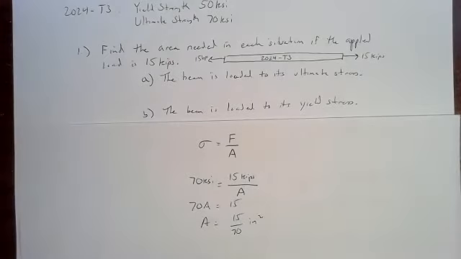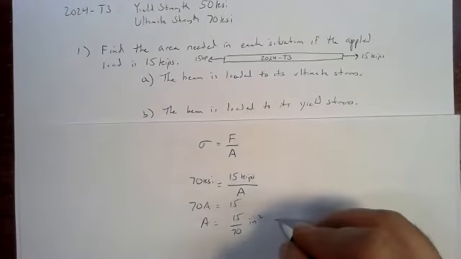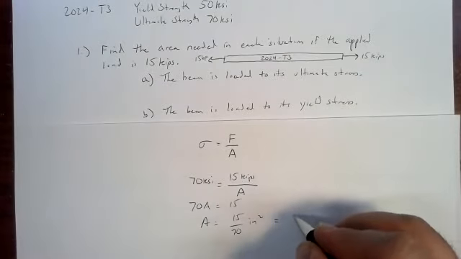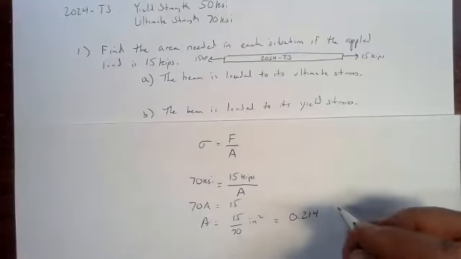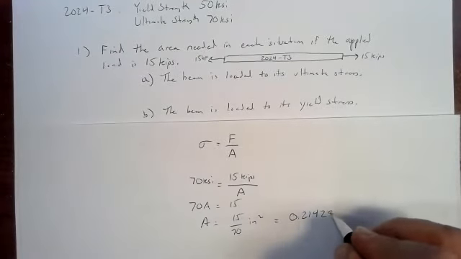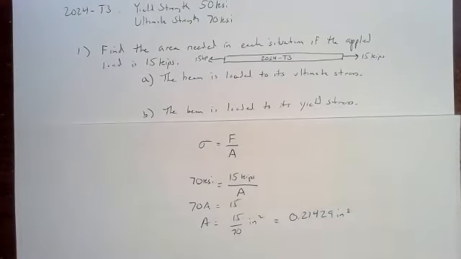And our number, 15 divided by 70, that'll be a little bit less than a quarter square inch, so 0.21429 square inches. So a little bit less than a quarter of a square inch. So not a lot of material needed as long as we're willing to live on the edge of this thing breaking.